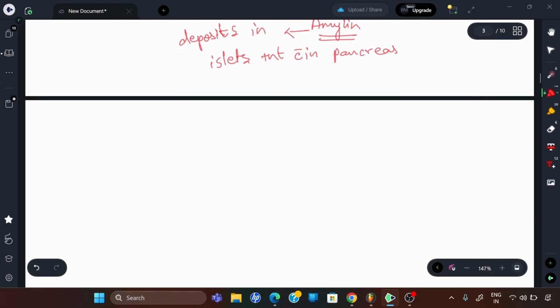Now coming to the fourth case of localized amyloidosis, you can see localized amyloidosis in Alzheimer's disease, right? And here you will see the deposition of A beta amyloid. So there is deposition of A beta amyloid within the brain, resulting in formation of amyloid plaques, right?